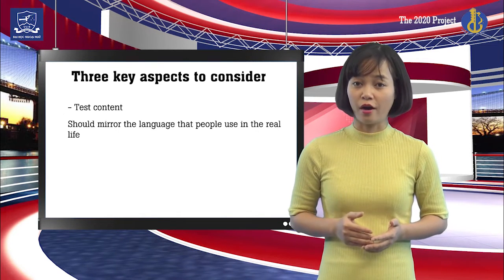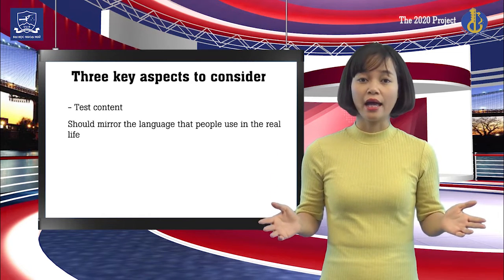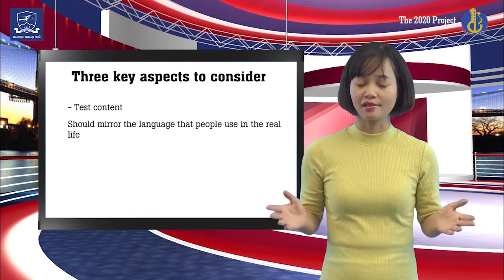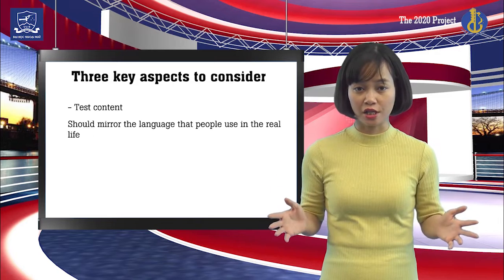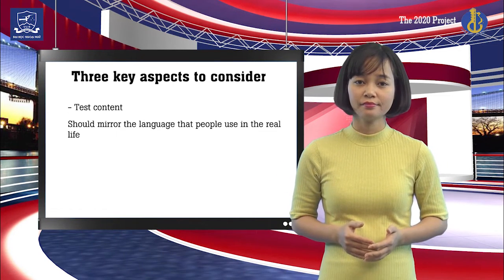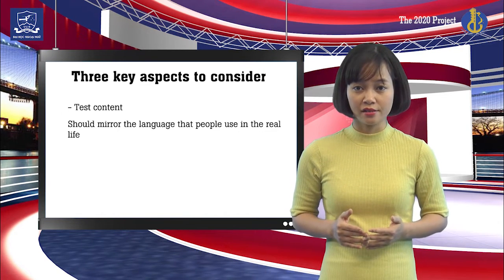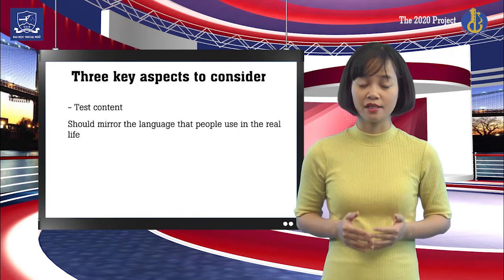To oversimplify, all the test designer apparently has to do is to produce a needs analysis of the specific target situation in order to identify the test content. Indeed, the identification of communicative needs is at the center of ESP test design.